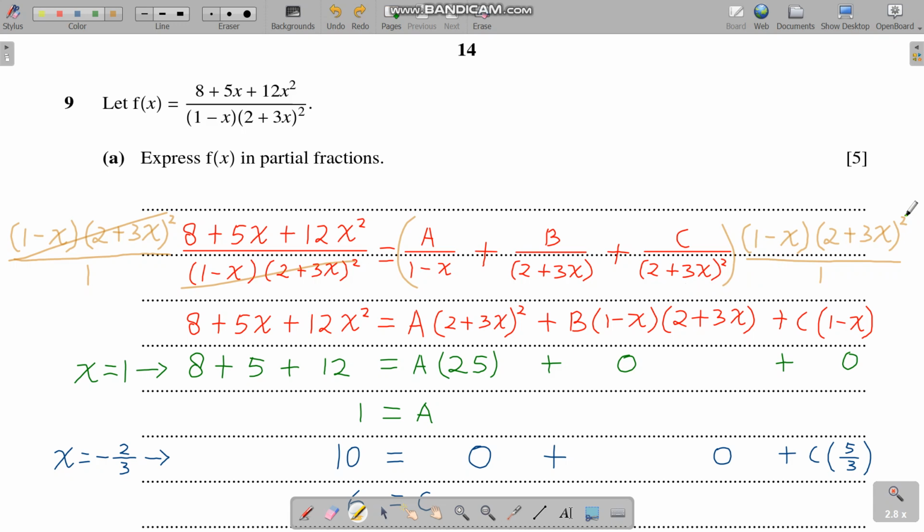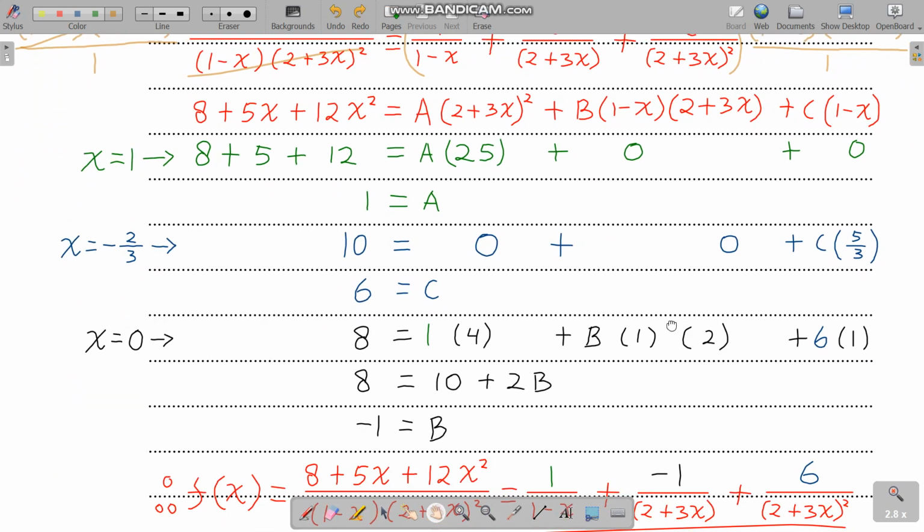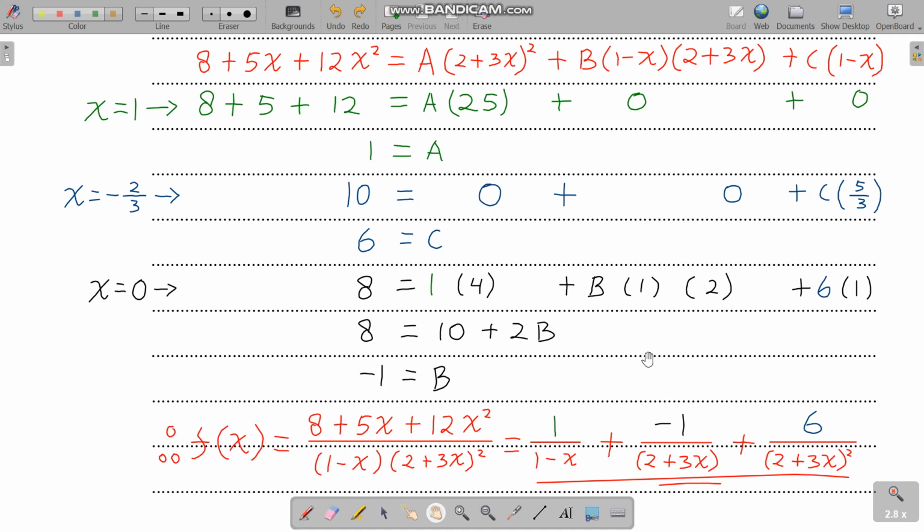Okay, now the next step is to cleverly choose some values of x so you can find a, b, c as fast as possible. Here we plug in x equals 1, because this is the zero of this factor and this factor. We replace the x with 1, and on the left we get 25.